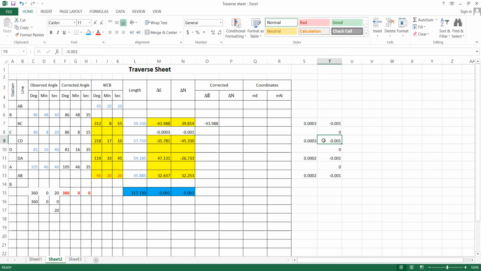If I add these corrections also, so these are my corrections.